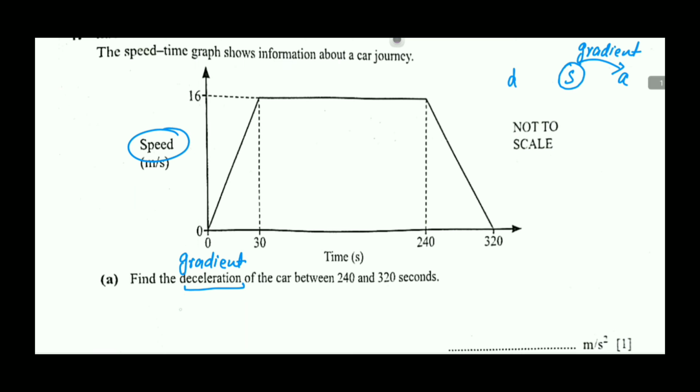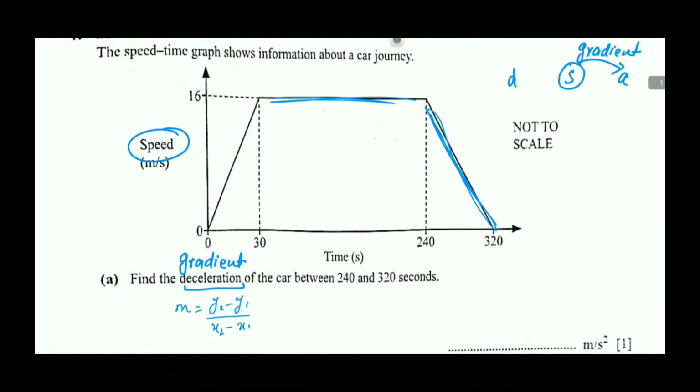All of you know the formula of gradient, that is m is equal to y2 minus y1 over x2 minus x1. We have studied this formula in coordinate geometry. Between 240 and 320 seconds, this is the graph of deceleration.